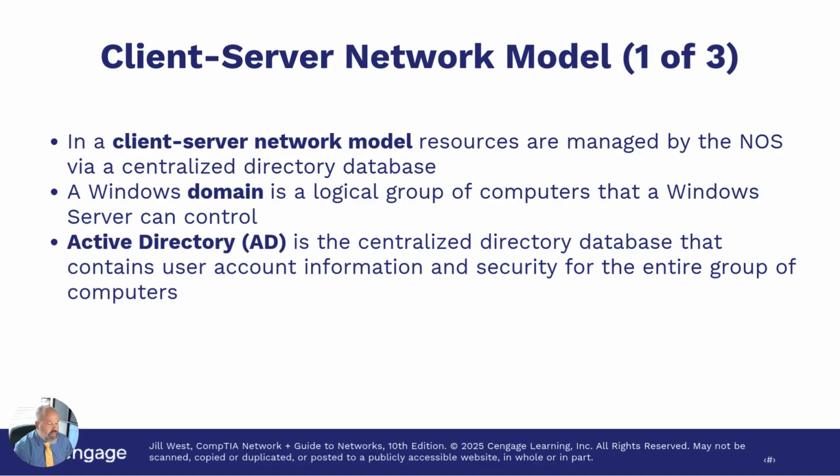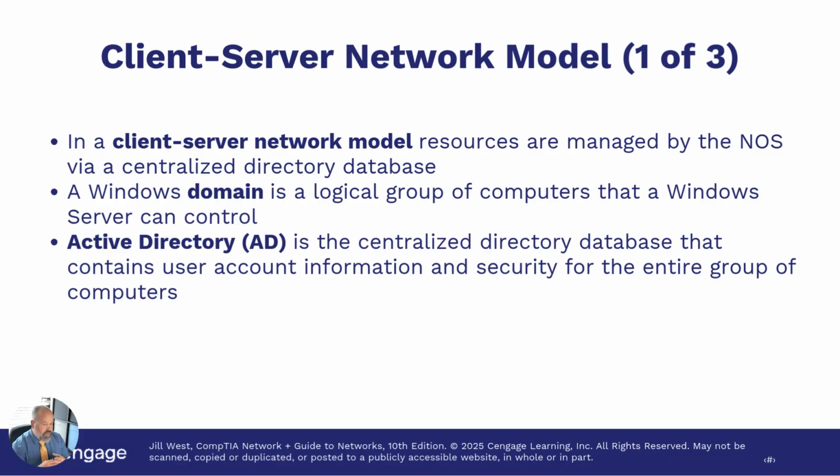On the other hand, there's a model called the client server network model, and this model really flips the script. In this situation, we have one or more powerful computers, which are called servers, that manage resources for the entire network. Resources are managed using some sort of centralized directory database.